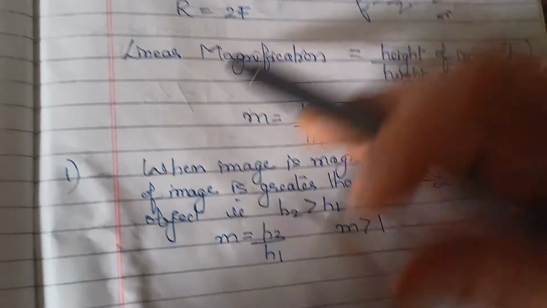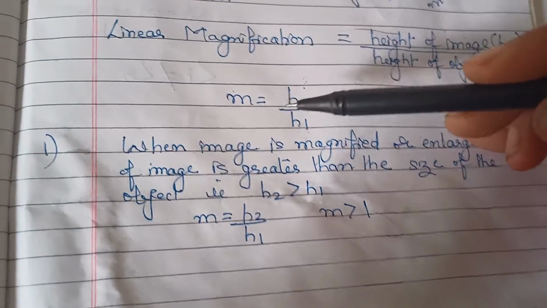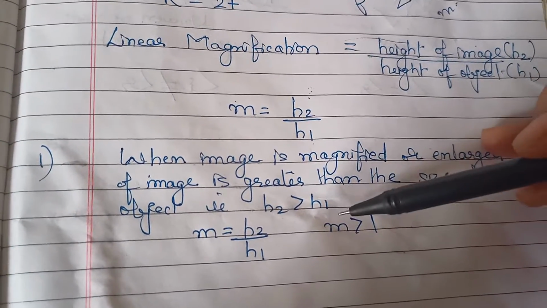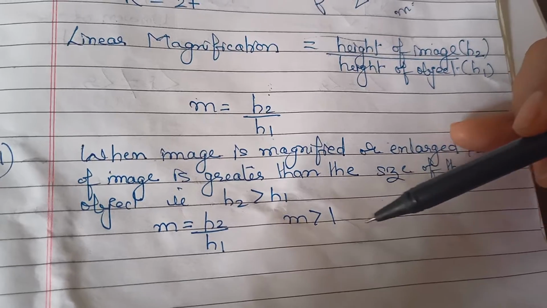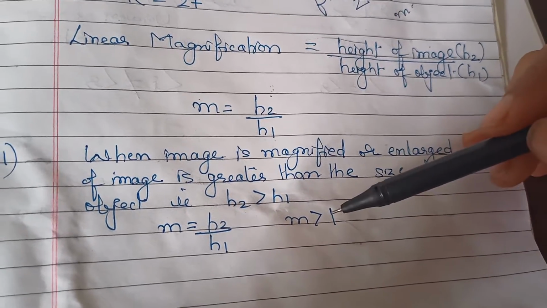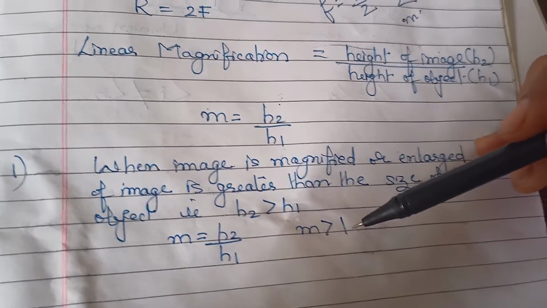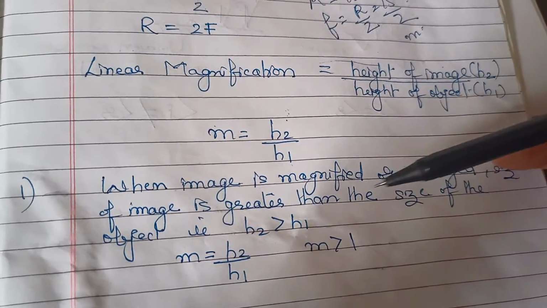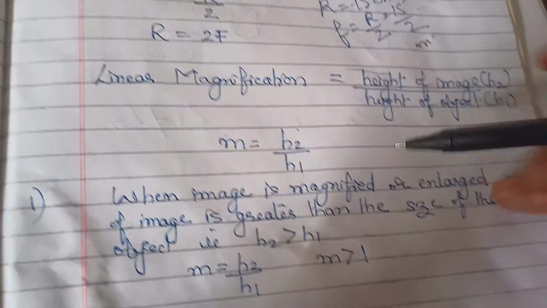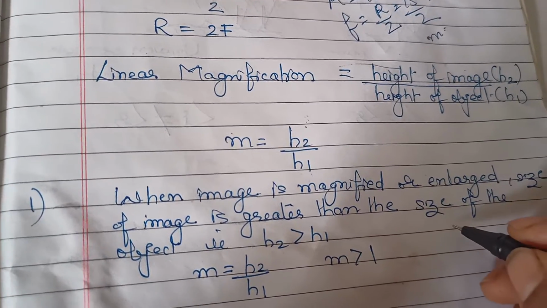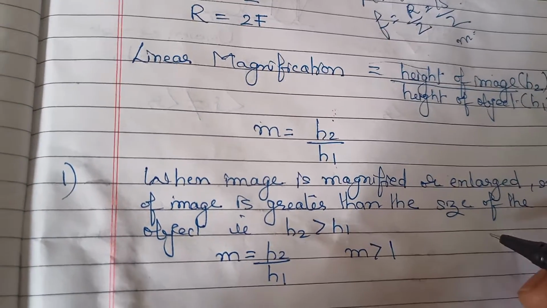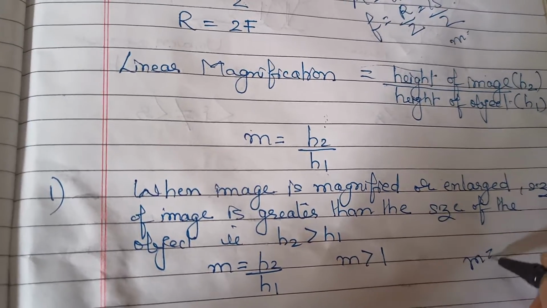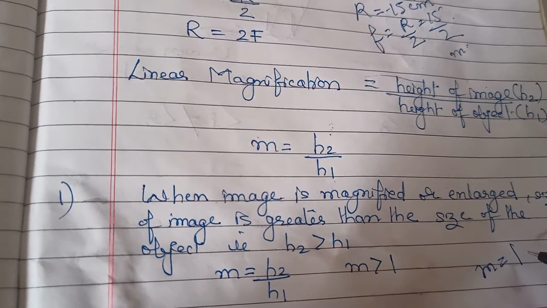That means the ratio of height of image to the height of object. Now we are comparing: when m is greater than 1, magnification अगर 1 से ज़्यादा है, that means image object से बड़ी है. Image is greater than the size of the object. Because for plane mirror में क्या होता है? Same होती है image, जैसा object है वैसी image. तो plane mirror के लिए होता है m is equal to 1, क्योंकि बराबर है.